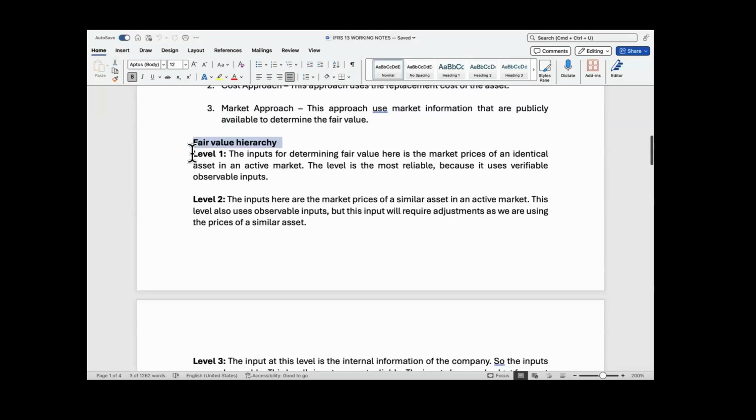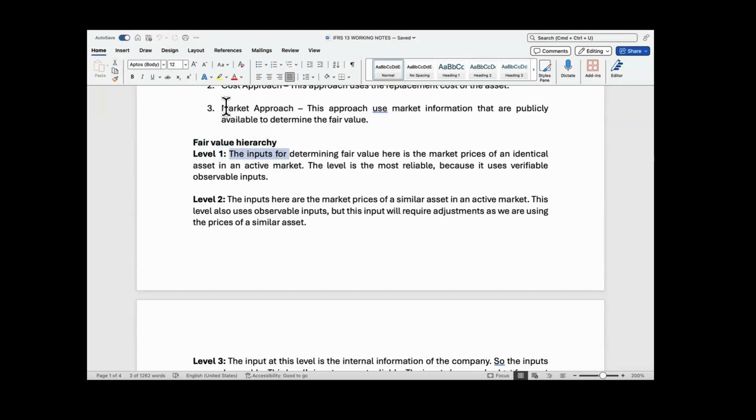So it says that there is the one that is level one. It says that one is the most reliable. And here, the inputs, or the way you determine your fair value, is using market prices of an identical asset in an active market.